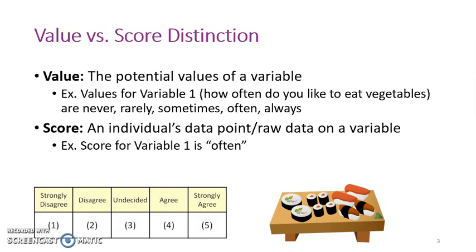So, let's say the variable that we're measuring is how much you agree with a particular statement, such as, I like sushi. The potential options or values range from strongly disagree to strongly agree. I choose strongly agree. Thus, my score for this variable is strongly agree, or a score of 5 on the scale in the picture. Your score could be different.